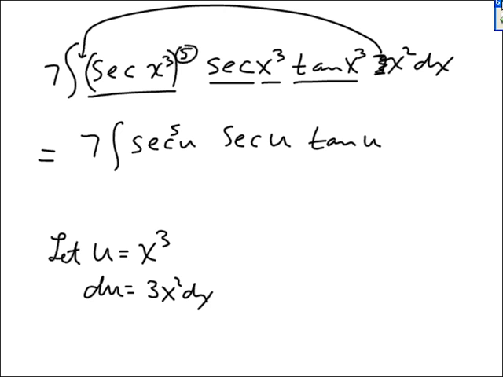X squared dx, that's almost du. If I sneak a 3 in the top and I divide by 3, that's okay. I can sneak this 3 in. Now this here is du.